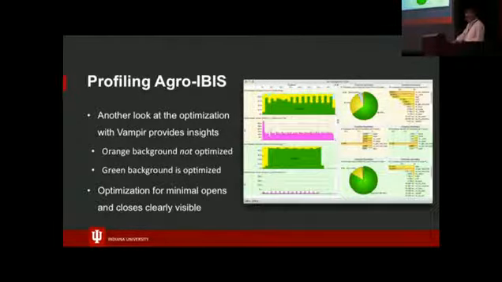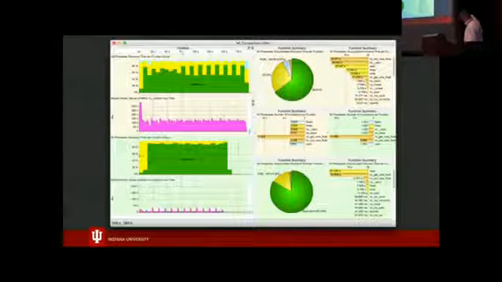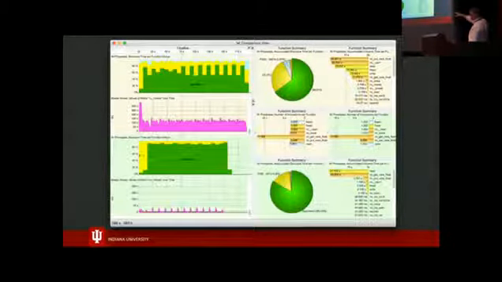And I just want to point out that on here, those should be a green background. It's kind of hard to tell, orange versus green, but the bottom pie versus the top pie are optimized versus unoptimized. And if you looked at the runtime view of the percentage of runtime that's dedicated to application versus, say, I/O, the application is dark green, the I/O is yellow, and you can see that at the bottom part we have much less overhead with the I/O.